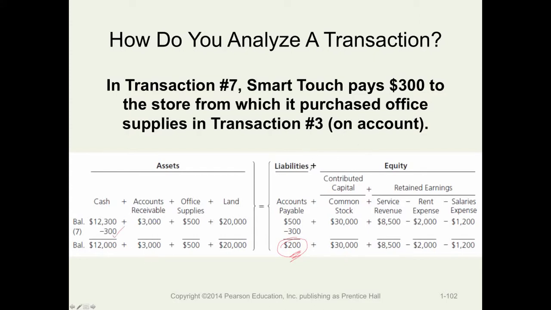Now, again, you have to remember that accounts payable is a liability. Notice that you can't start drawing conclusions or try to find a magic potion to memorize here, because cash goes down in this case, and it goes down not because of an expense or a dividend. It goes down because you're paying off a liability.